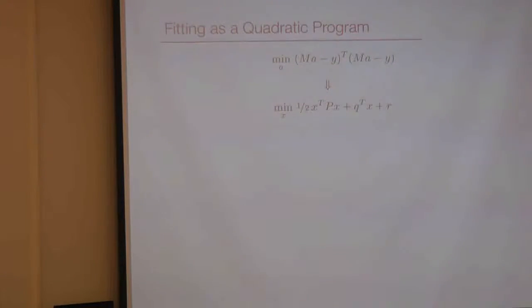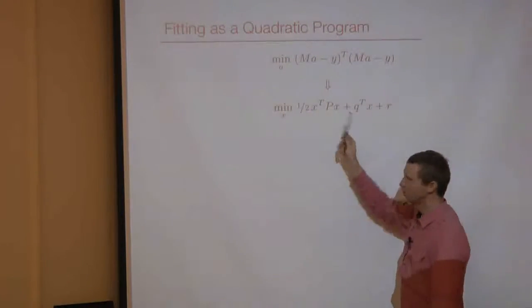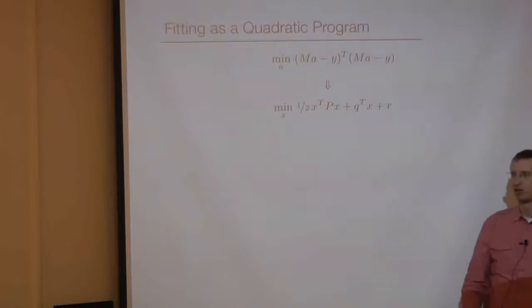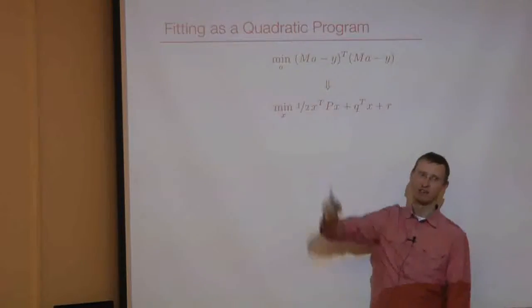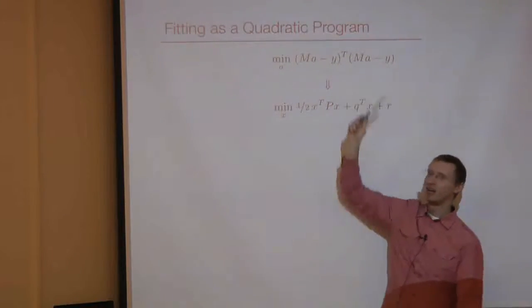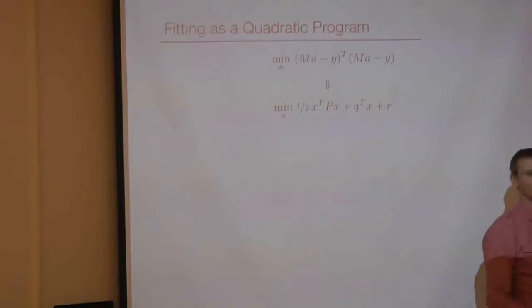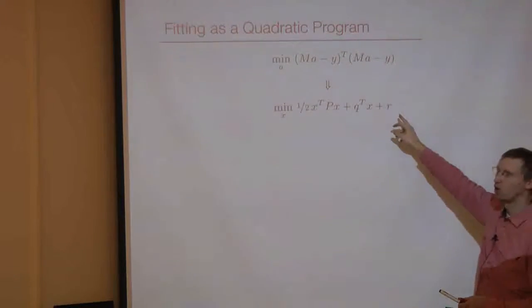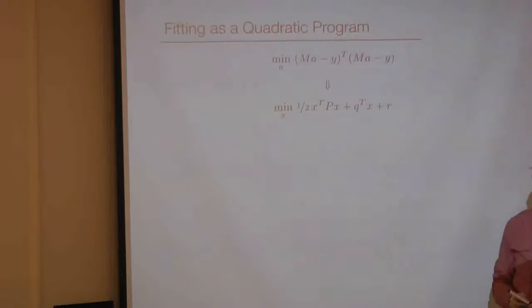So now we have to know how to relate the data of the fitting problem with the data of the quadratic programming problem. Because this matrix M, we will assemble that. That's just a constant matrix. Vector y, we also do know. The vector a is our optimization variable. So what would be P, Q, and R in this problem such that we can solve the fitting problem using quadprog? Can you tell me?